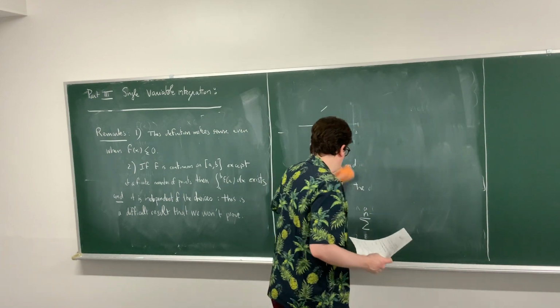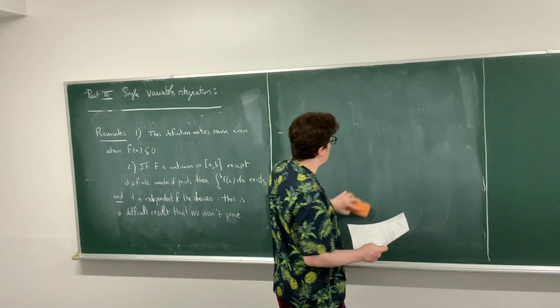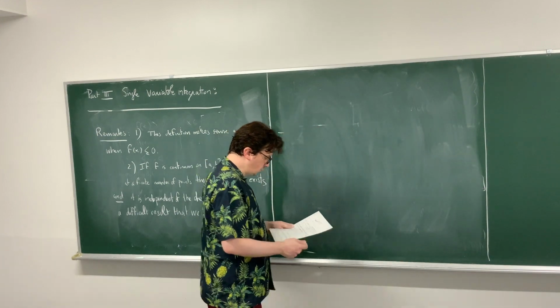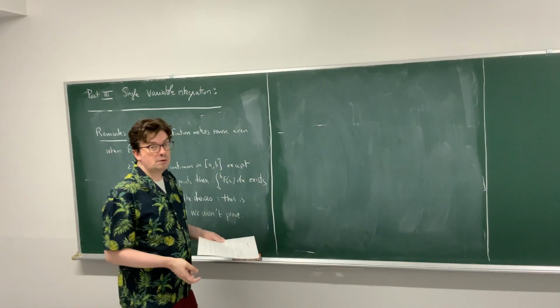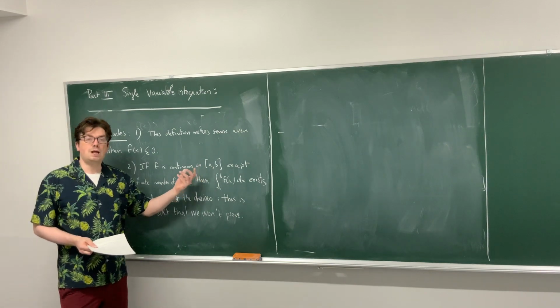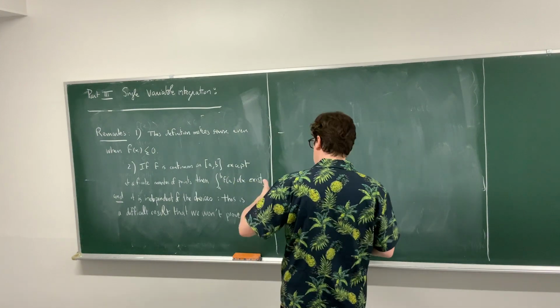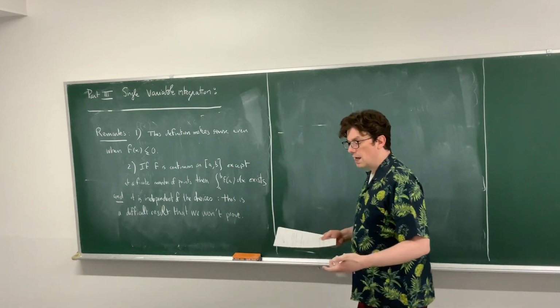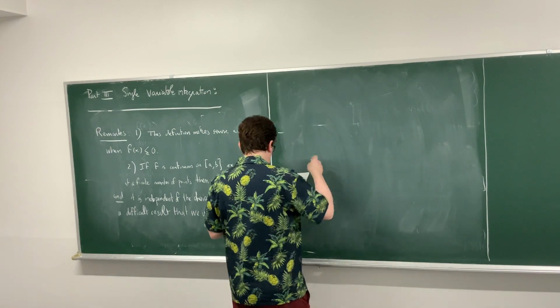Now, because of this remark, saying that it's independent of the choice, it means that we can choose a special splitting of the interval [a, b]. We don't need to pick these values randomly. We can do it in an easier way.